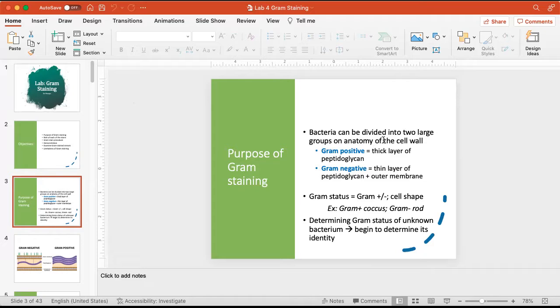Gram-positive bacteria have a relatively thick layer of peptidoglycan around their cell membrane. Their cell wall is a relatively thick layer of this carbohydrate material called peptidoglycan. In comparison, a gram-negative bacterium has a thin layer of peptidoglycan. And then outside of that, they have a second membrane.